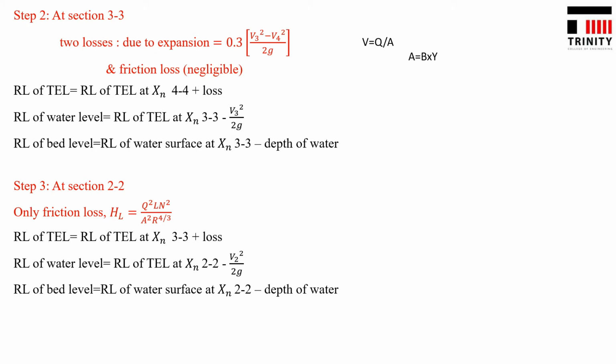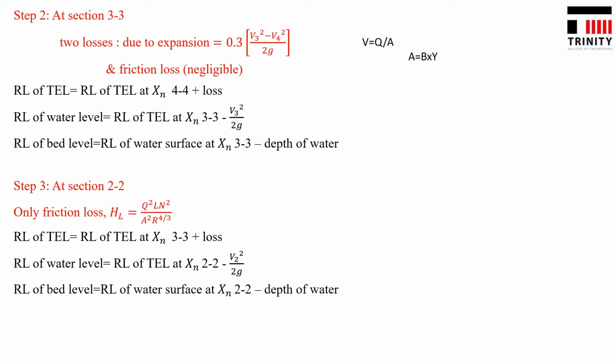Next, we move on to step number 2, that is considering section 3:3. From section 3:3 to 4:4, that is from the flumed bed width to the normal bed width, it is an expansion. So there will be losses due to expansion and a frictional loss. But frictional loss is negligibly small, so we neglect that and only consider the loss due to expansion. Now, how to find the loss due to expansion?